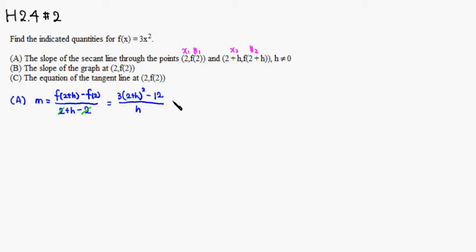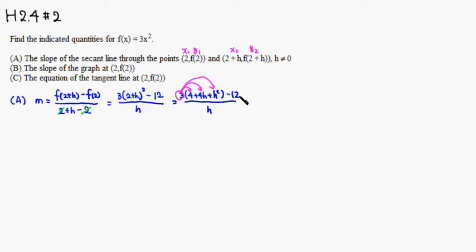So let's multiply out. You have a 3 here, and 2 plus h squared would be 4 plus 4h plus h squared, minus 12, all over h. Then we can distribute 3 to all 3 terms in those parentheses.